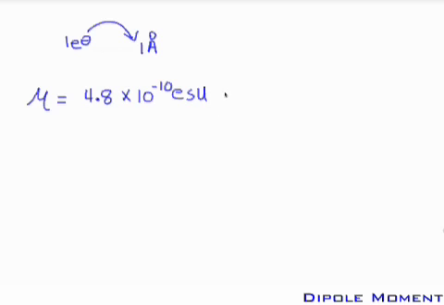And 1 angstrom is 10 to the minus 8 centimeters. If I solve this, I get 4.8 times 10 to the minus 18 electrostatic unit centimeters.